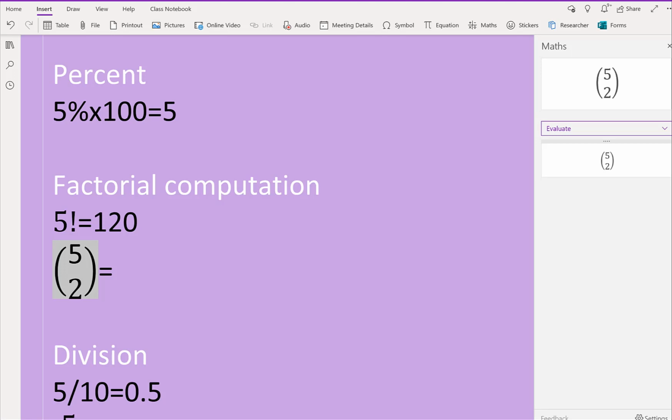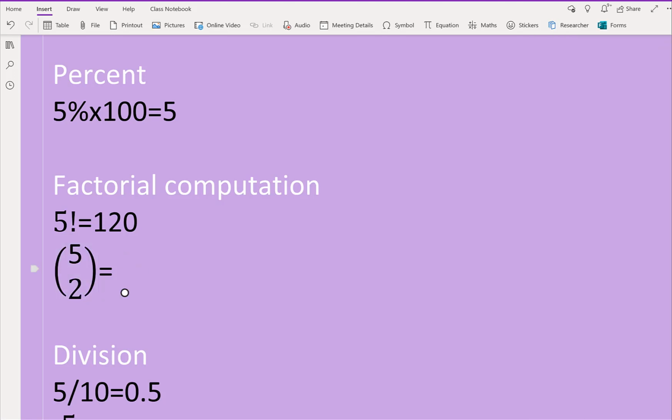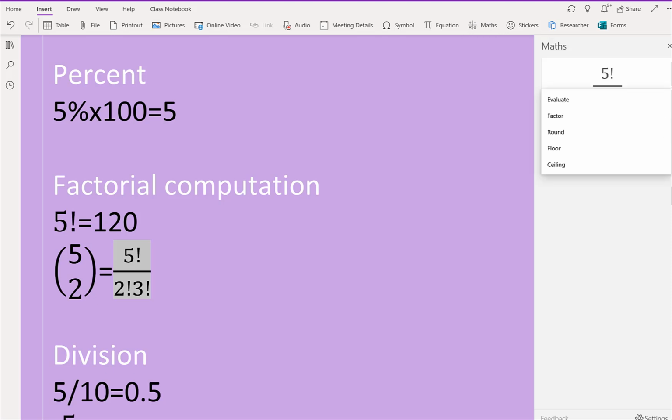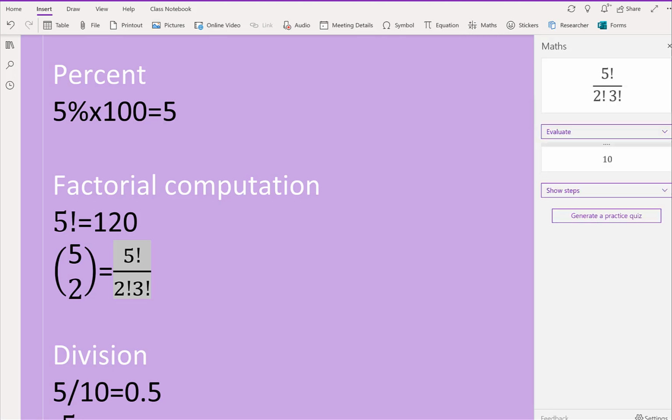So in order to overcome this, you need to know your mathematics. So I will rewrite this as 5 factorial over 2 factorial times 3 factorial. And then I highlight this and press Maths and Evaluate. So here's the result, 10.